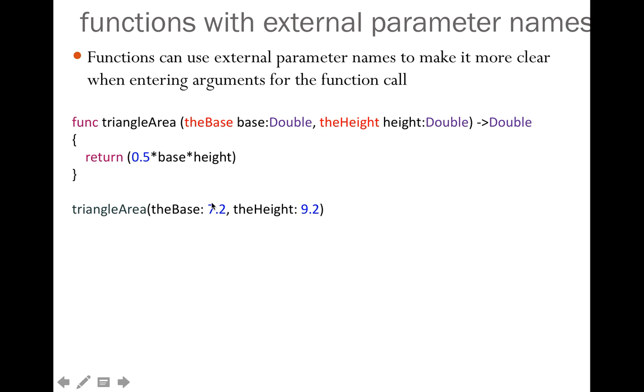But inside, this value goes to base and this value goes to height. So we return this computation. This is called the external name, and the other is called the internal name, or sometimes the local name, because it's local to the function.